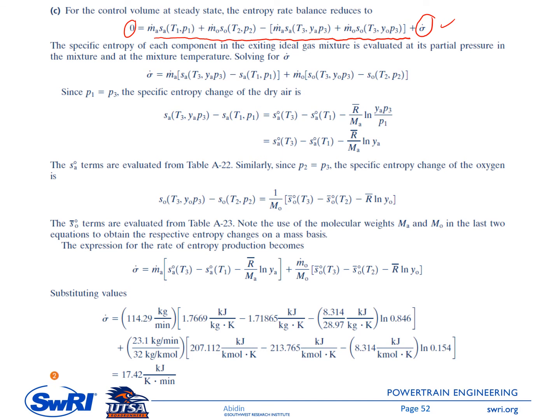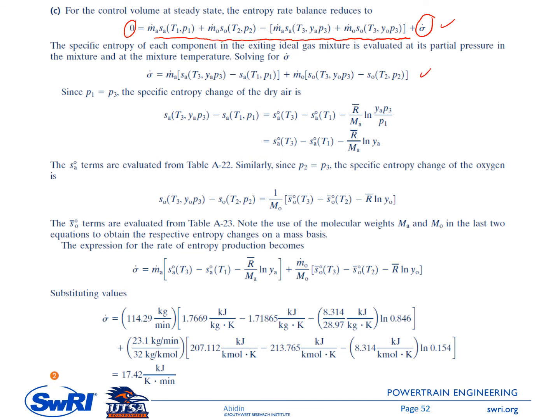So the specific entropy of each component in the exiting ideal gas mixture is evaluated at its partial pressure in the mixture and at the mixture temperature. Once again, to evaluate the entropy, we need two properties, and in this case it is partial pressure and mixture temperature. So you have this formula.